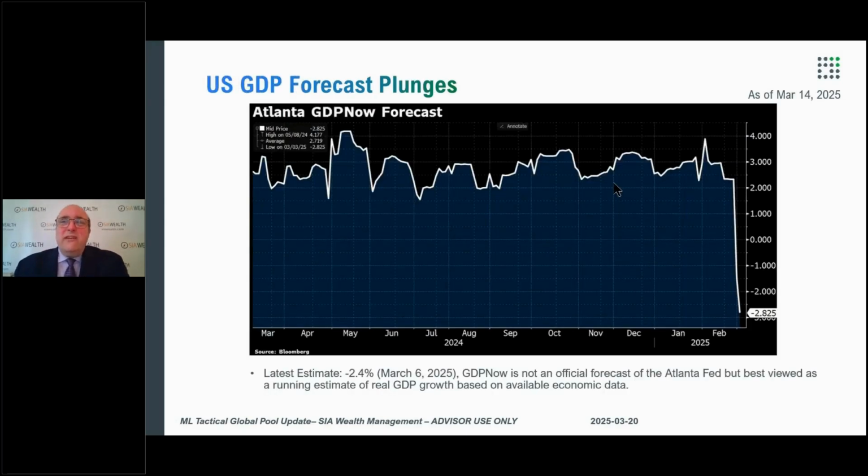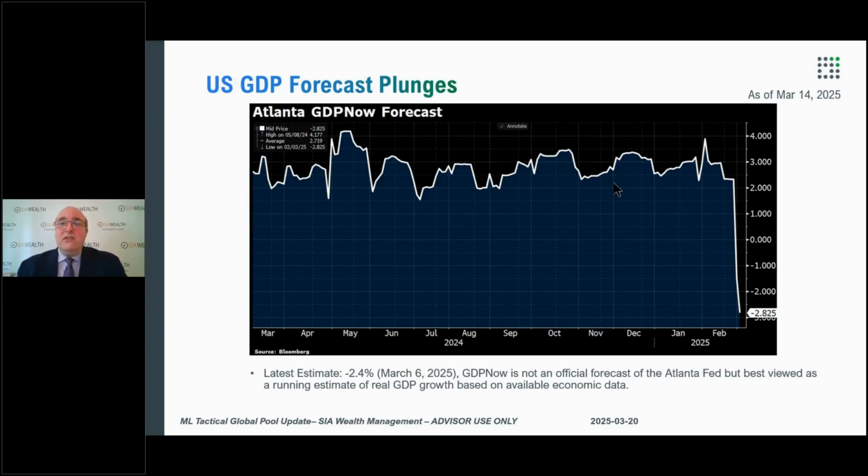But something that's really important is this. This is an estimate of Q1 GDP from the Atlanta Fed, and it's called GDP Now. They look at the incoming economic data and give a guess as to where they think the GDP might come in.